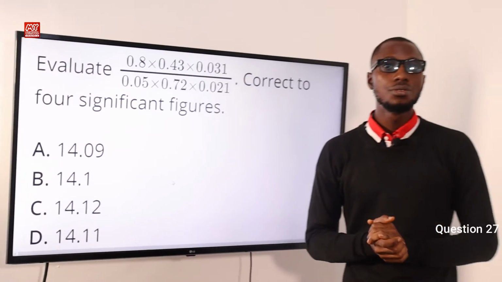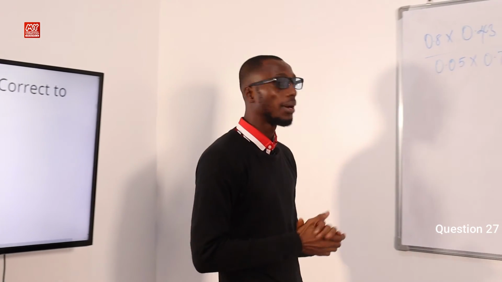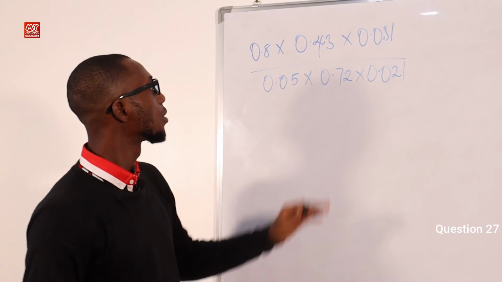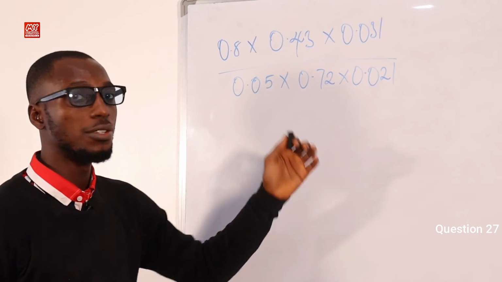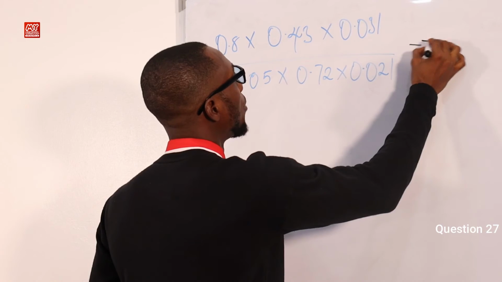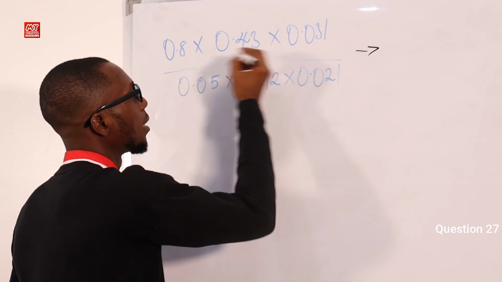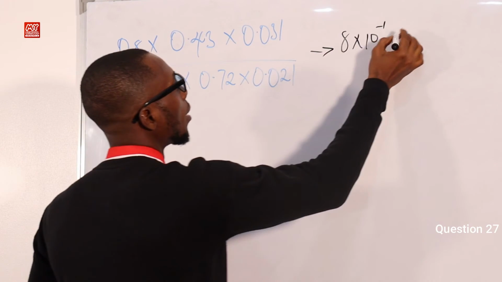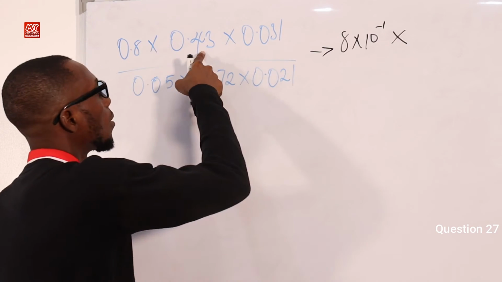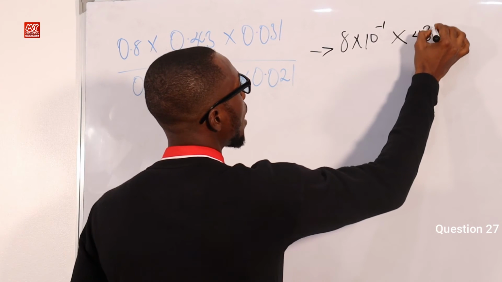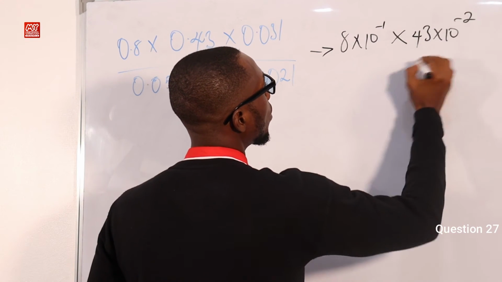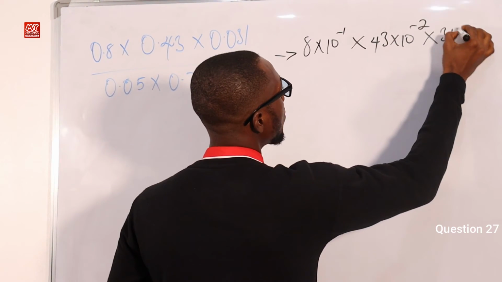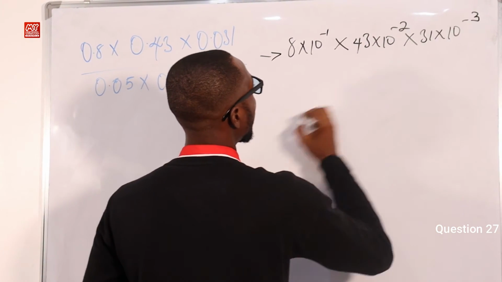So let's go to the whiteboard and provide a solution to this question. Saying this, let's first bring all of this to standard form. The numerator would have 0.8, that is 8 times 10 raised to the power minus 1, then times 43 times 10 raised to the power minus 2, times 31 times 10 raised to the power minus 3.